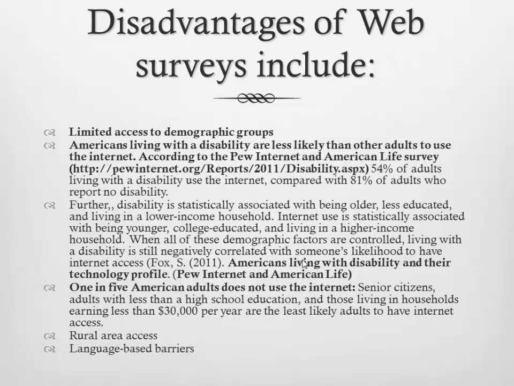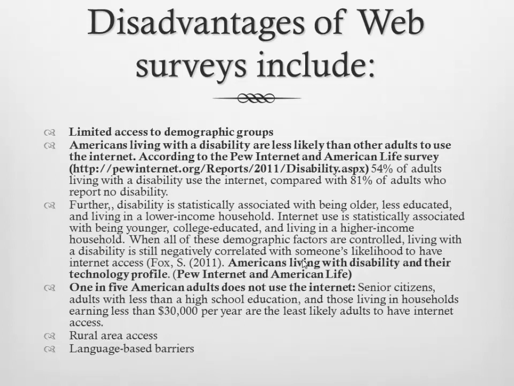Also, having a disability is statistically associated with being older, less educated, and living in a lower income household. Internet use is statistically associated with being younger, college educated, and living in a higher income household.